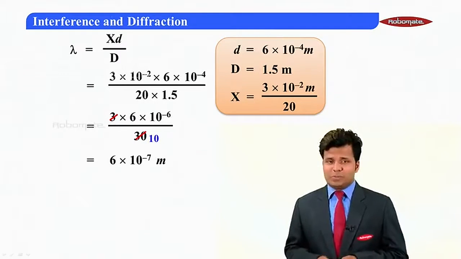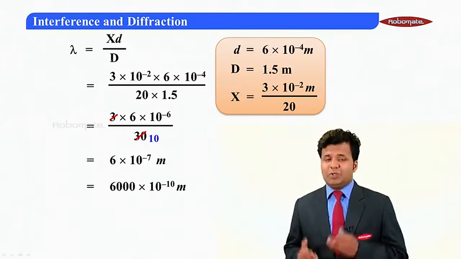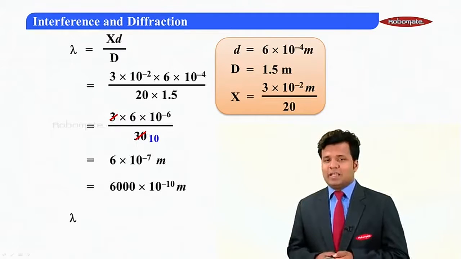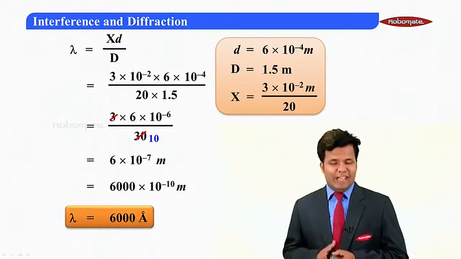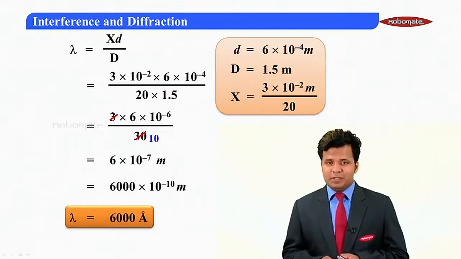This can also be expressed in terms of angstrom unit, students. To express it in terms of angstrom unit, you need to convert 10 raised to minus 7 as 10 raised to minus 10 as given on the screen, and this 10 raised to minus 10 meter can be written as angstrom unit. So these were the two numericals from this particular module. Thank you.